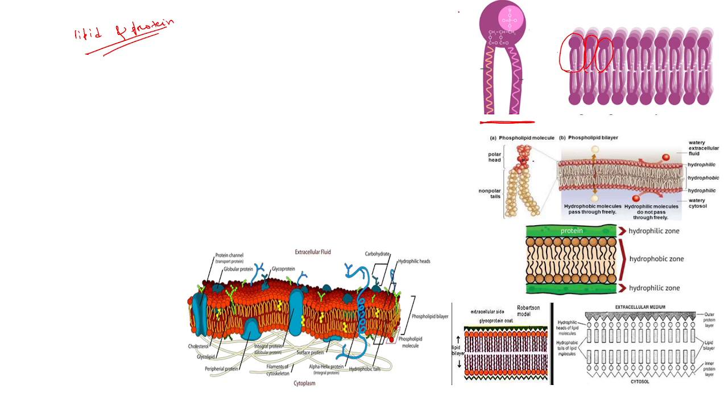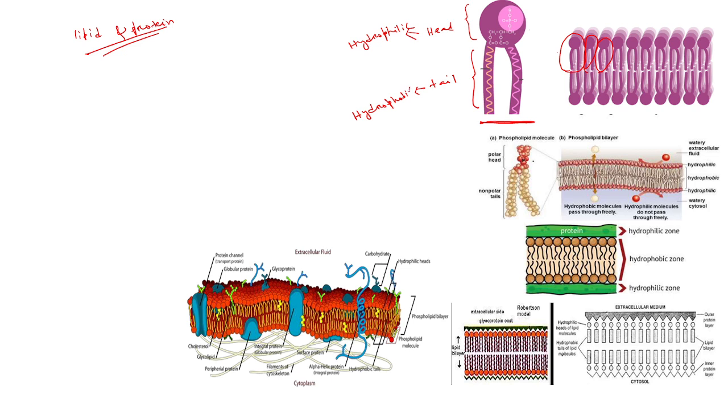That means it has two segments. One is called the head part, and the other is called the tail part. The head part is always hydrophilic. What is hydrophilic? The structure which always wants to interact with the water molecule is called hydrophilic. What is the tail? The tail is the hydrophobic structure.